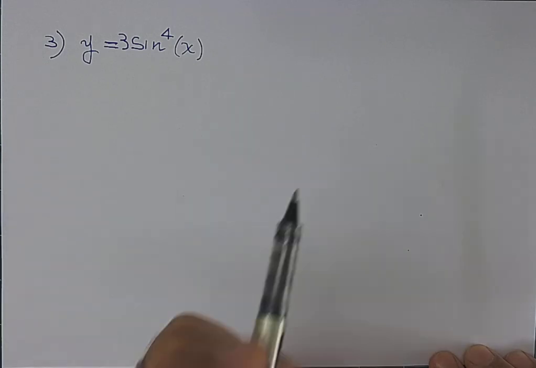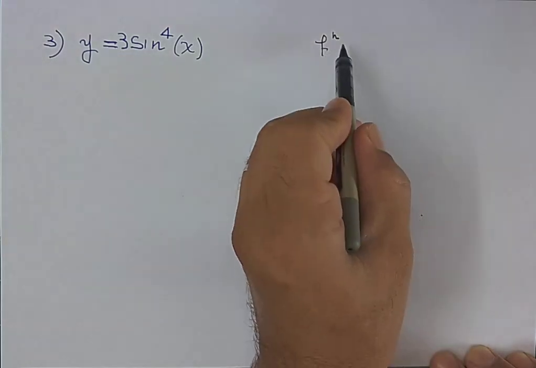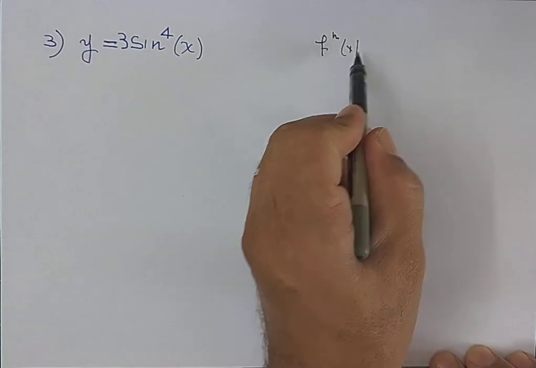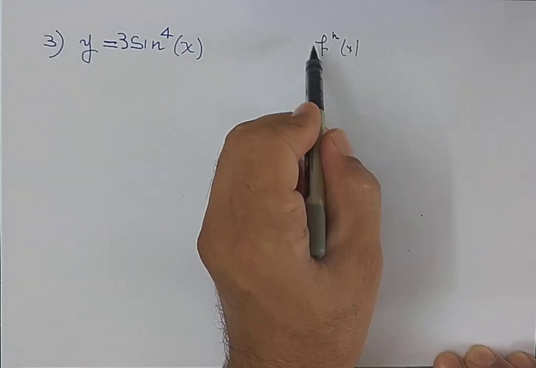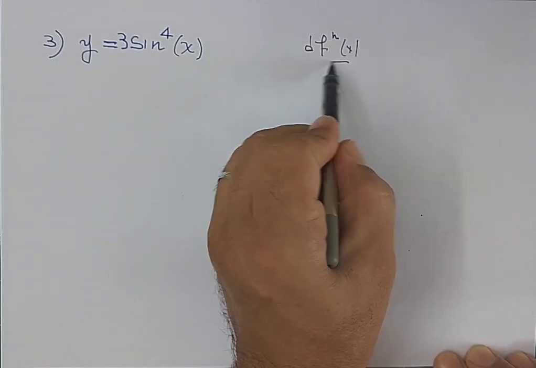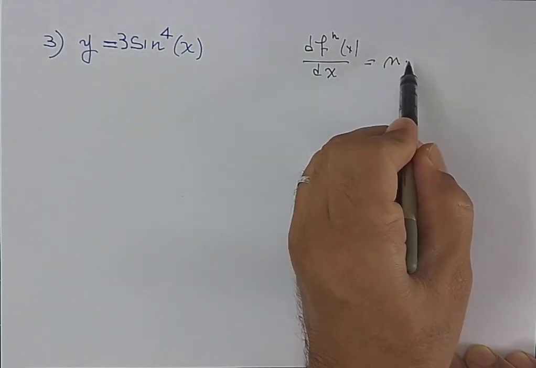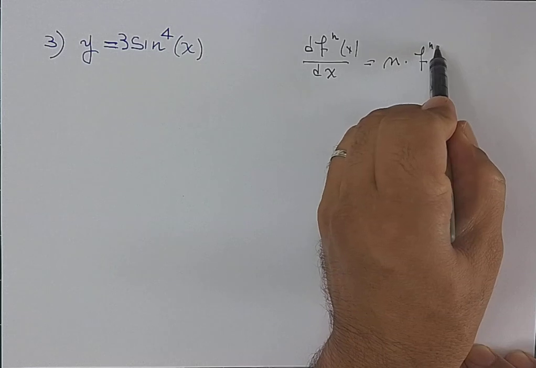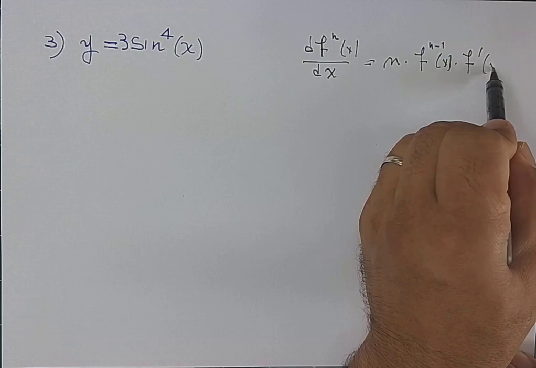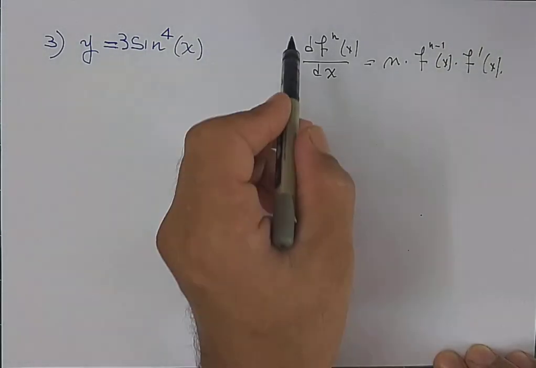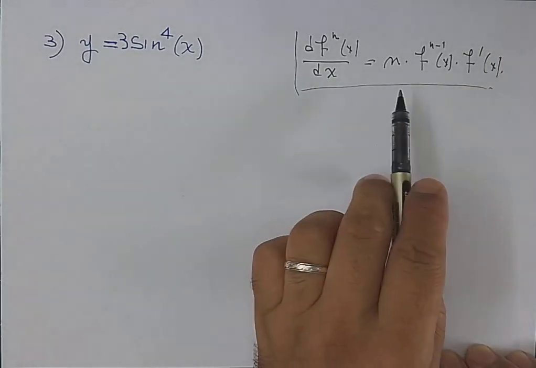Remember, guys, that if we have f(x) to the power n, the derivative of f(x) to the power n with respect to x equals n times f(x) to the power n minus 1, times the derivative of f(x). So I can follow this rule or this formula.